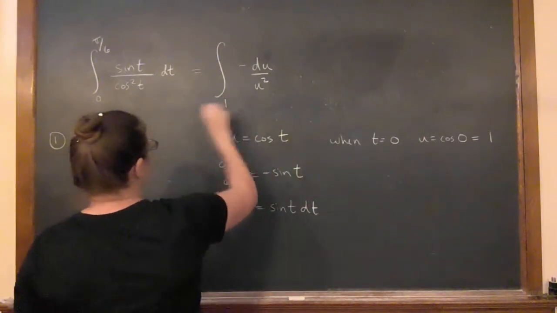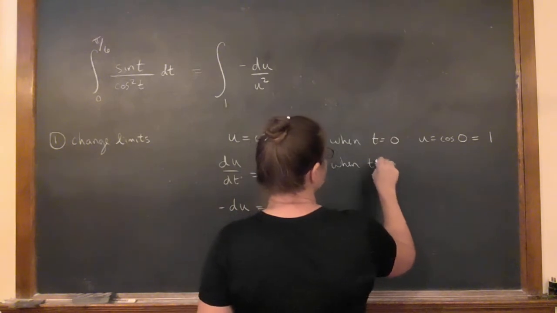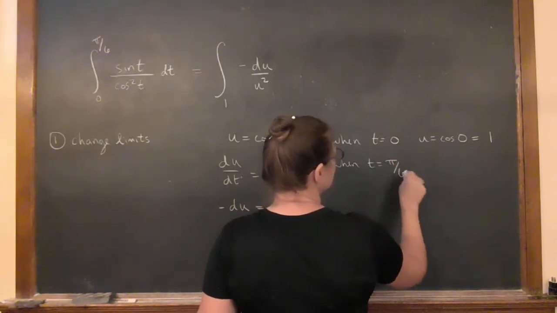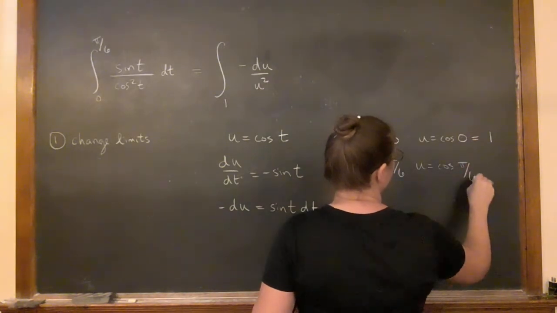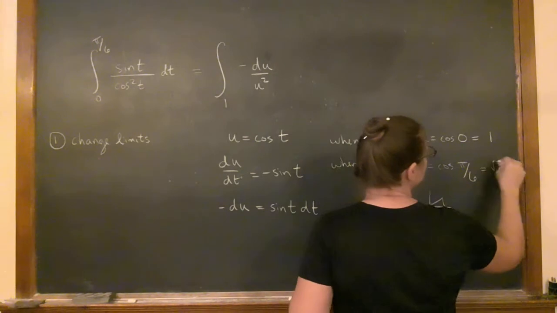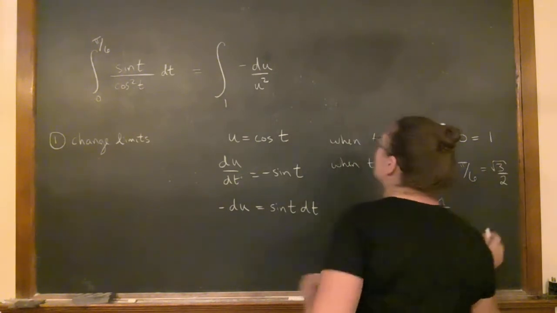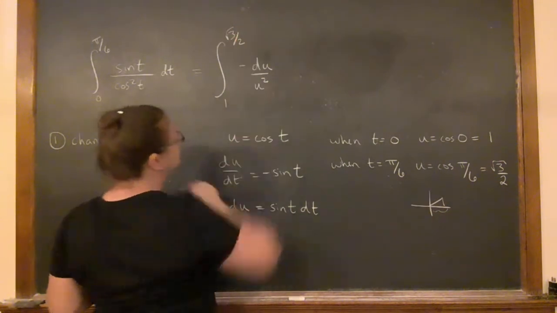So my lower limit becomes 1. When t equals pi over 6, u equals cosine of pi over 6, which is root 3 over 2. So my top limit is root 3 over 2.